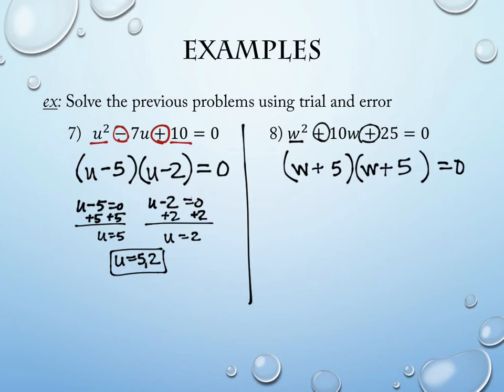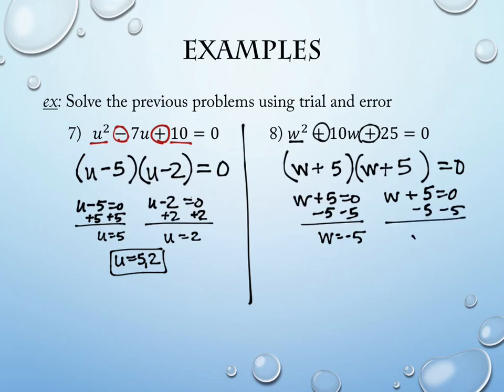So 2 numbers that multiply to 25 and add to 10, that's 5 and 5. And then setting each of them equal to 0, they work out the same way, just like last time. And w will equal only -5 because it's a duplicate value.